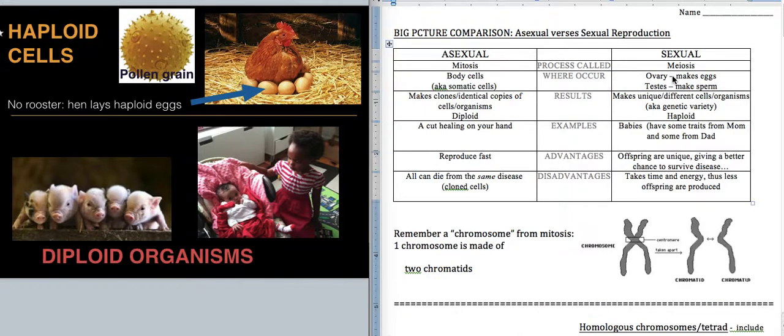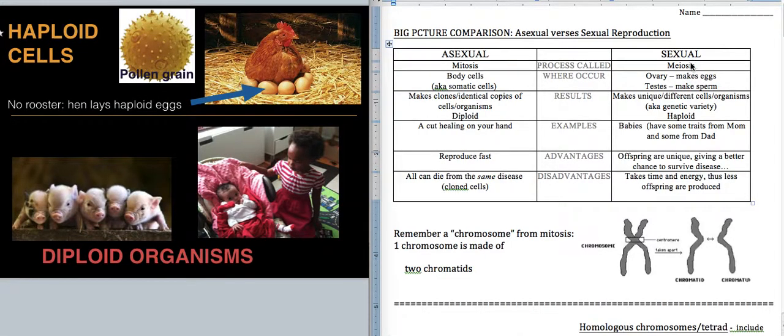To help you differentiate between this word over here in asexual reproduction, mitosis. As I have said before, human beings, when we read, only read the ending and the beginning of words. The middle doesn't matter to our eyes as we read. And the problem is these words both begin with an M and they both end with an OSIS.